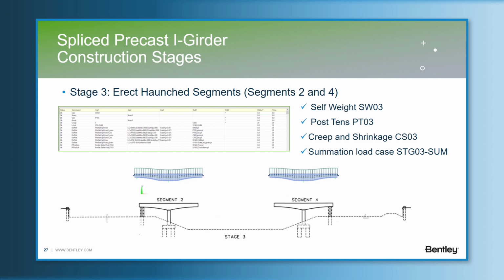So it's considered the self-weight of the segments 2 and 4 installed, one first post-tension tendon that will help controlling the tension at the top of the girder, and the creep and shrinkage effects are calculated. So the time interval for creep and shrinkage is considered to be 20 days. This construction time will correspond to the schedule plan on the site for the bridge construction and should be adjusted to it.